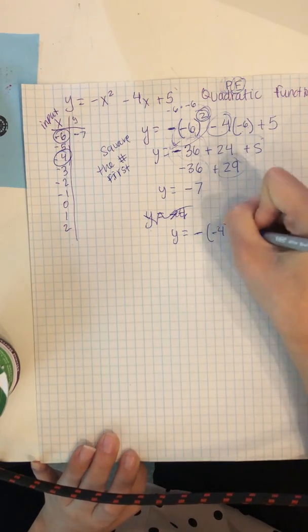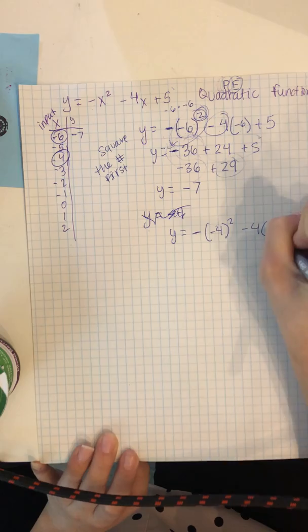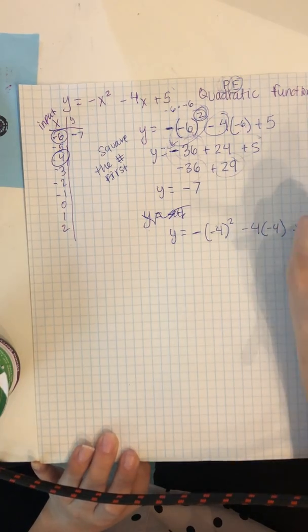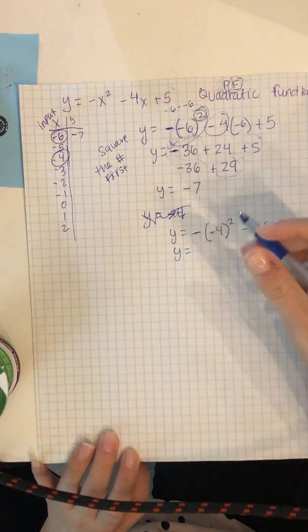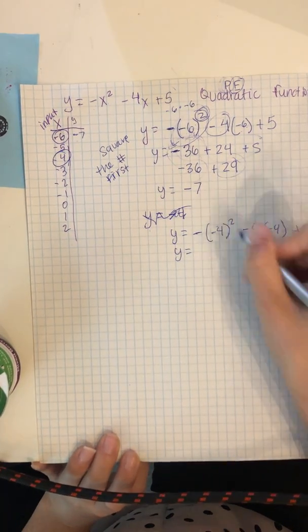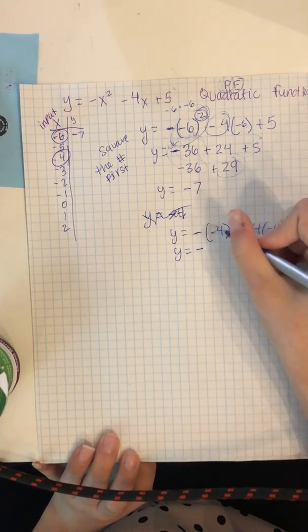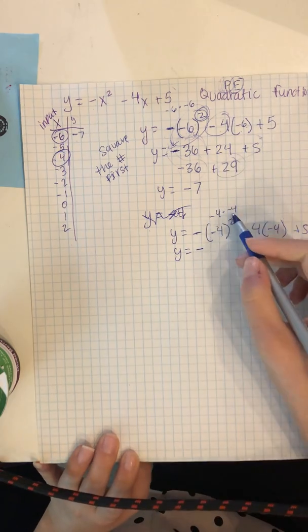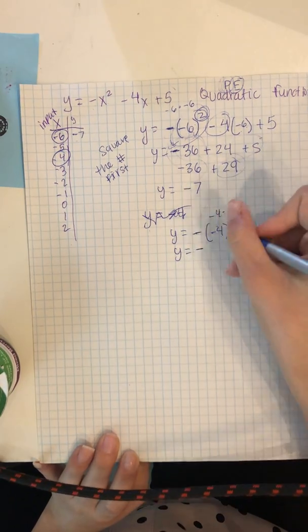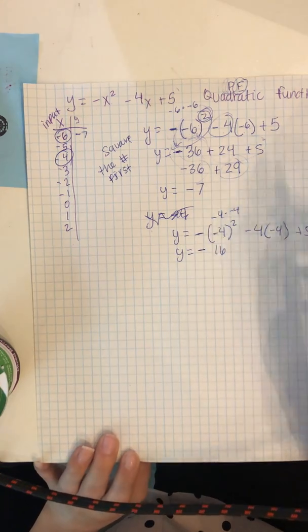So -4 squared, -4 times -4, plus 5. Okay, so that's gonna be, remember, square it first. So we don't need this negative right now, so drop it down. This is gonna be -4 times -4. And -4 times -4 is positive 16. But again, we have this negative, so we need to keep it there.